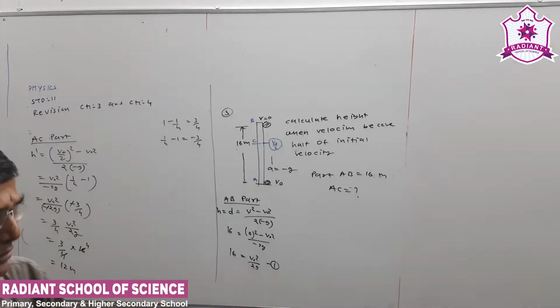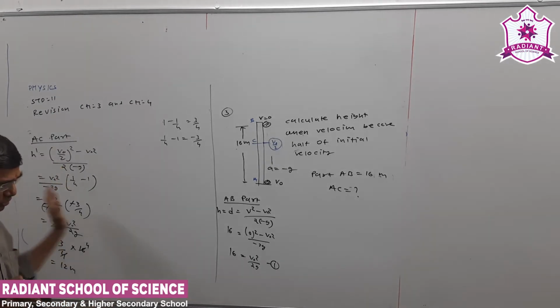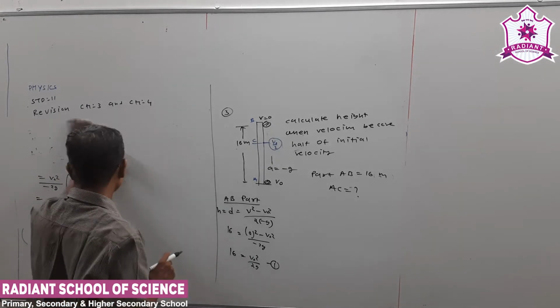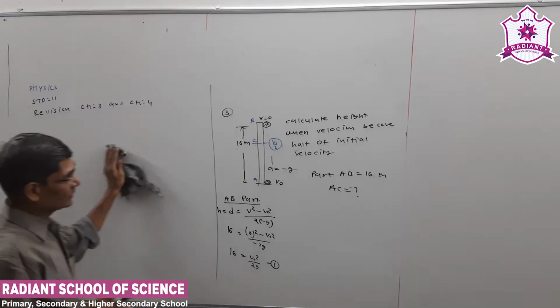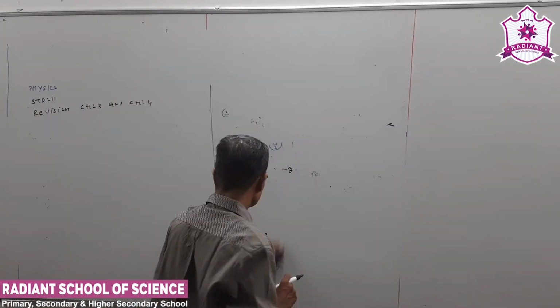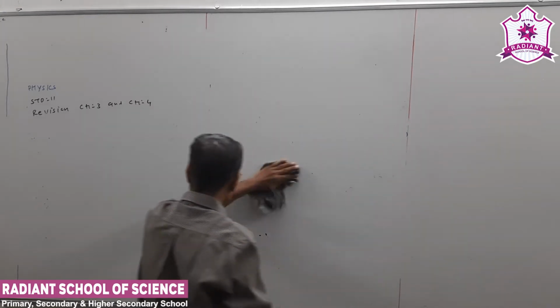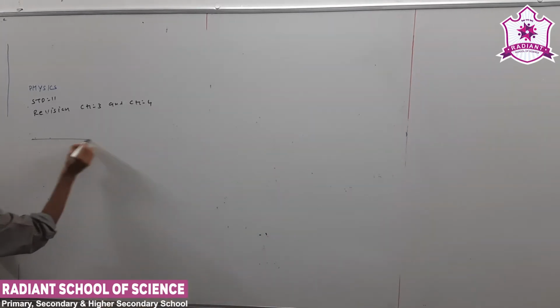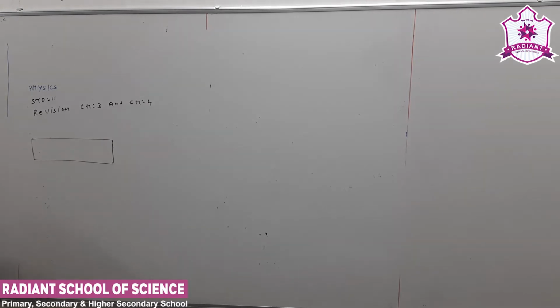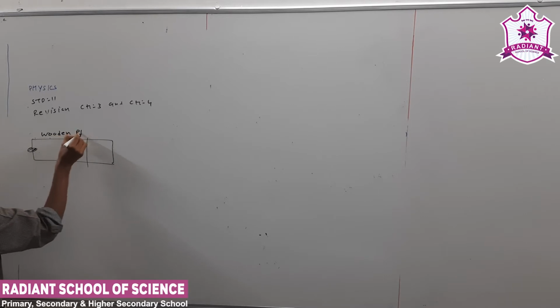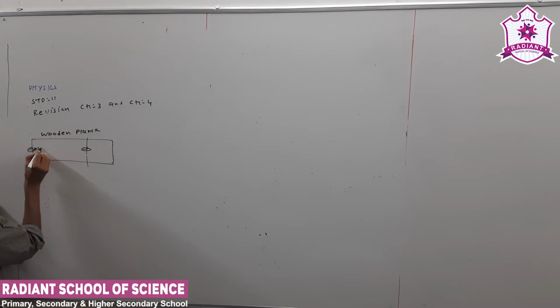Okay, the same can be considered for horizontal motion also. One such example you will see in lesson number 6, that is work, energy and power. There also we can use the same method. Now see, the question there was like this. A bullet enters the wooden plank with a velocity v0.